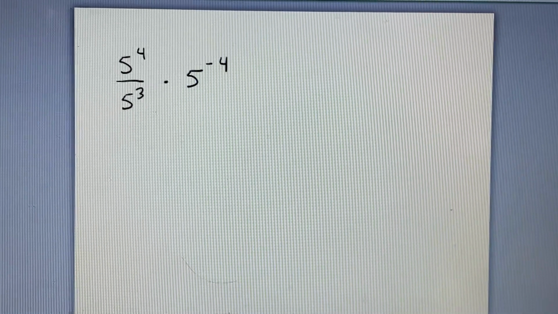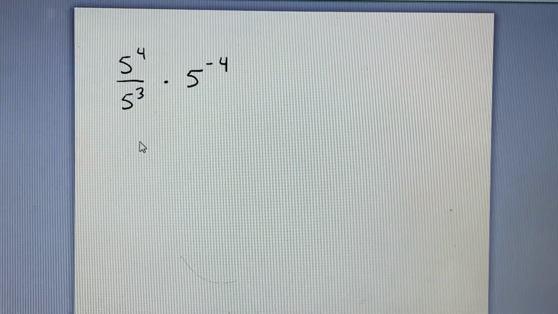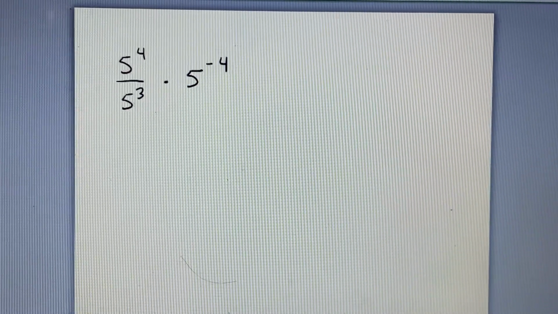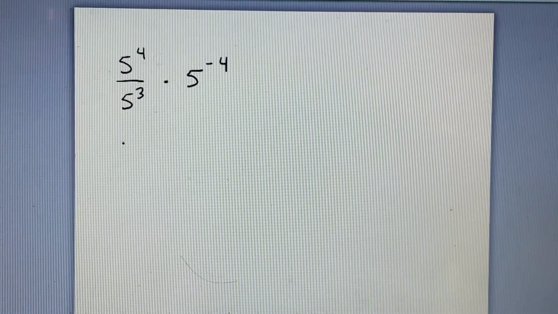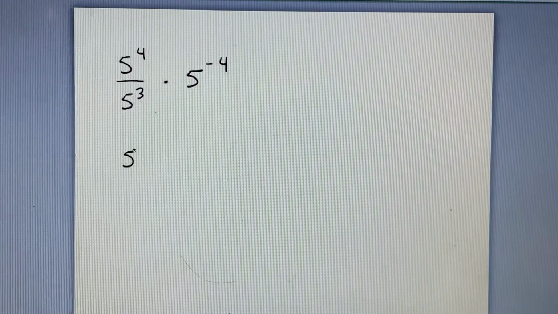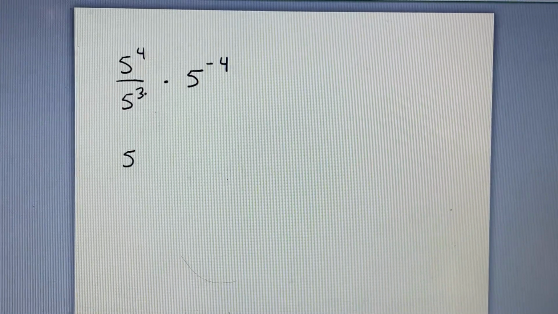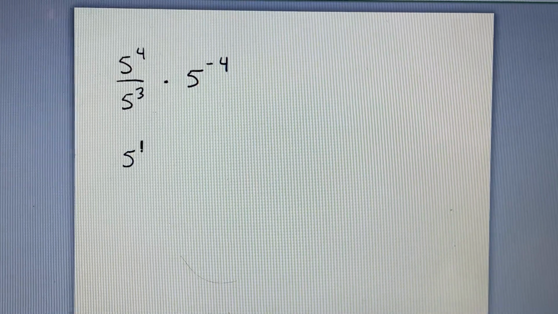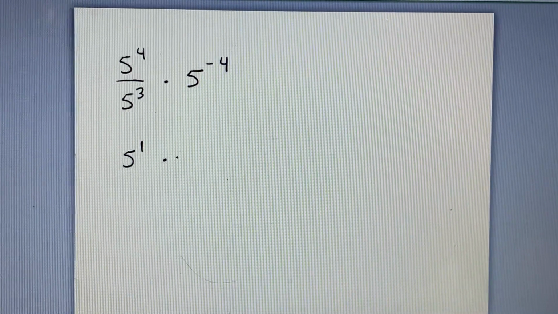Okay. Last one. All right, so go ahead and divide. I'm going to divide and get 5, subtract my exponents. 4 minus 3 is 1. So I am going to write my invisible exponent of 1 because it helps me as I'm moving along.